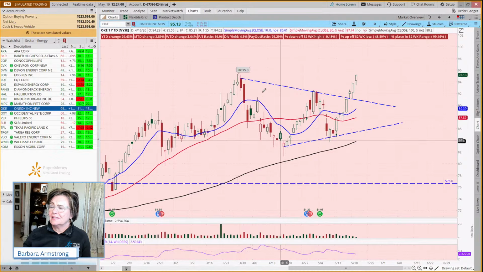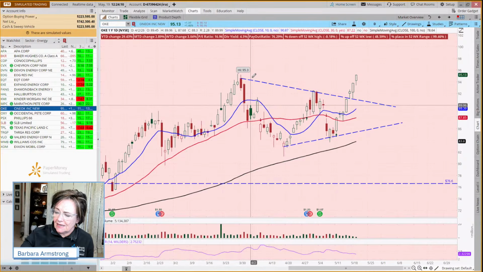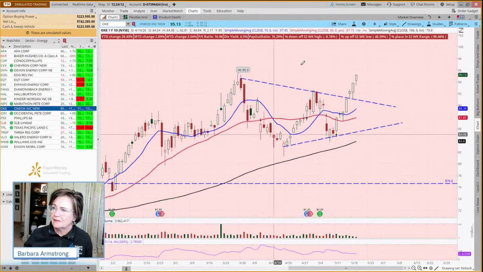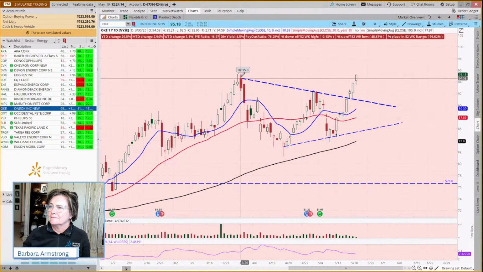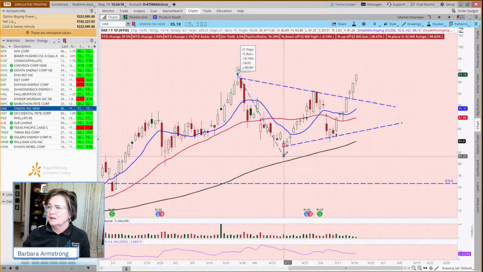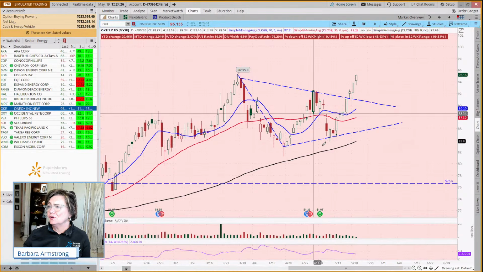So the width of this pattern. So if I take 95.30, and we can also do it by just drawing. And you may say, well, I don't like to include the wick. So if we take the bottom wick out, that's still a $12.41 move.